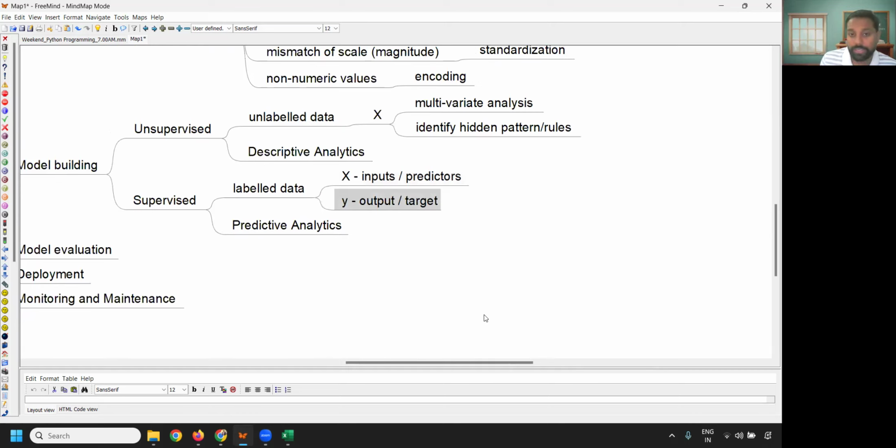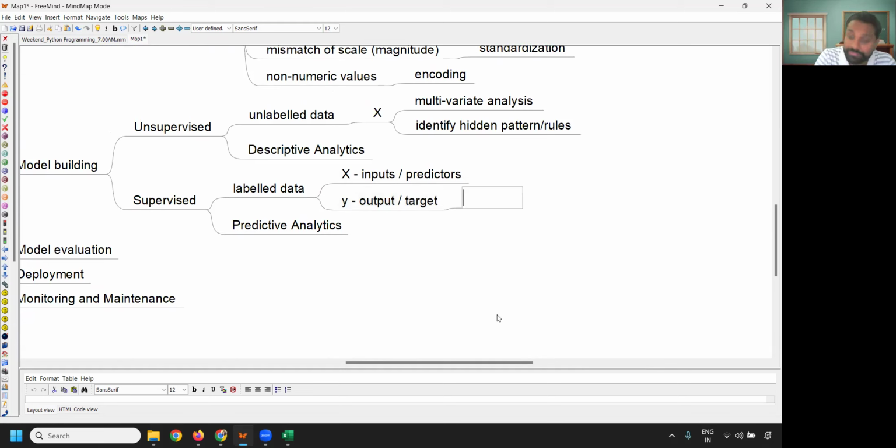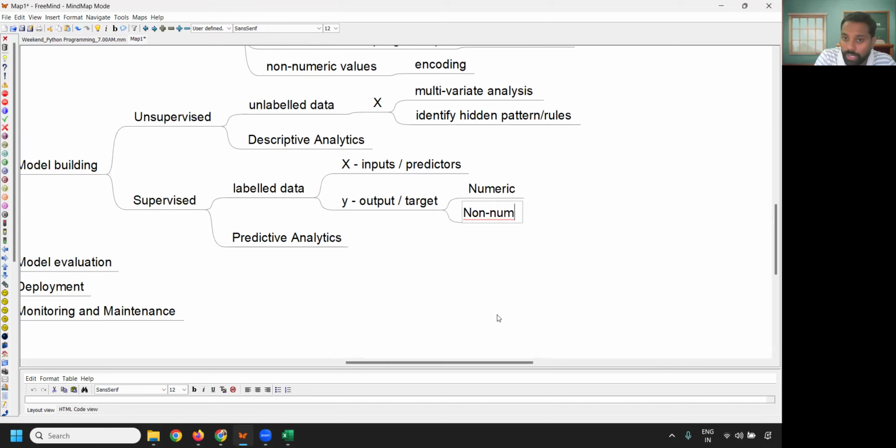But again, here in supervised learning, the output that we already know in the table, in the data set, when we look at it, we can see that data has numeric and non-numeric values. Non-numeric is also known as categorical values.